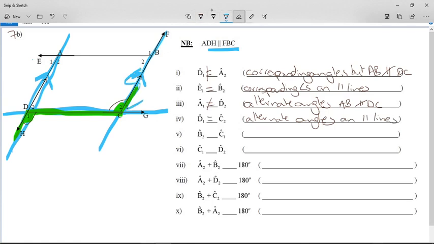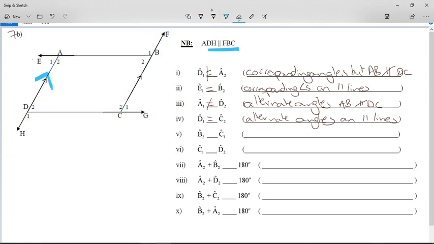Now let's have a look at the next one. It says B2 and C1. So where's B2, and where is C1? Here is a transversal, and they are on either side of that line. So you can see there's a Z here.